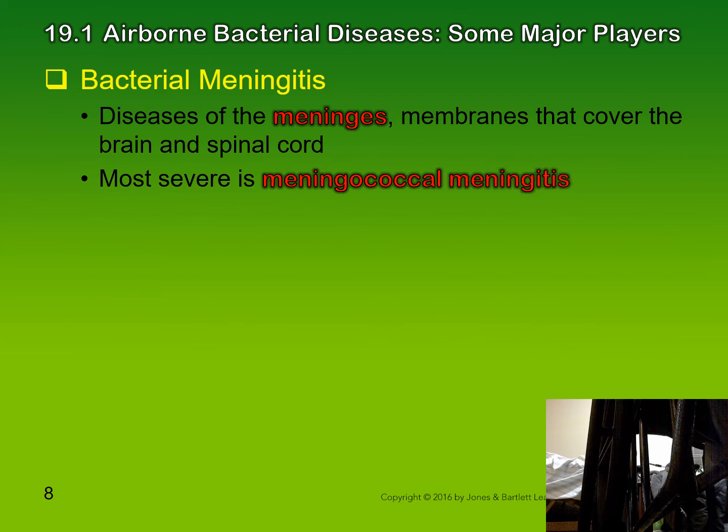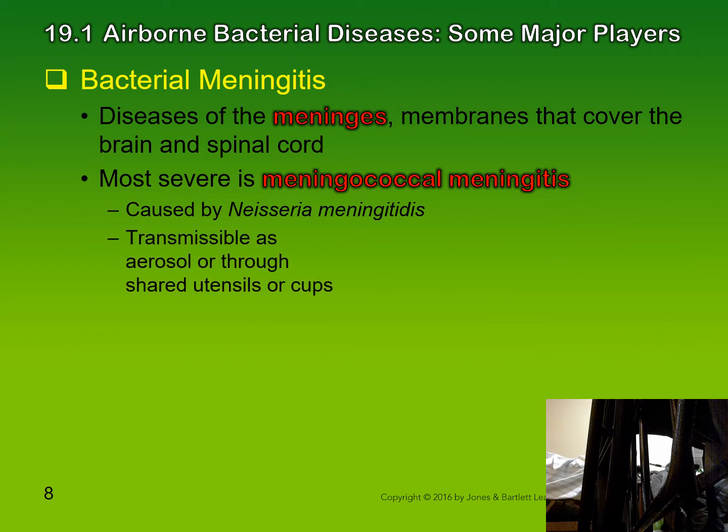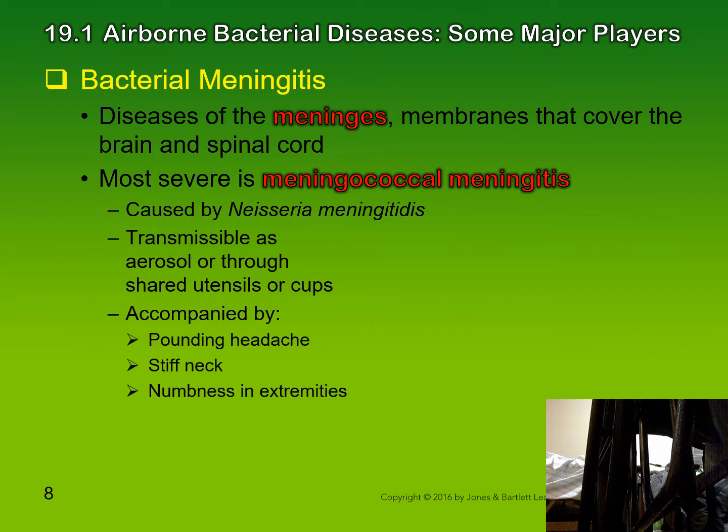The most severe form of this is meningococcal meningitis, and this is caused by the bacteria Neisseria meningitidis, and it's transmitted through aerosol and through sharing of utensils or cups, and is often accompanied by pounding headache, stiff neck, and numbness in the extremities.